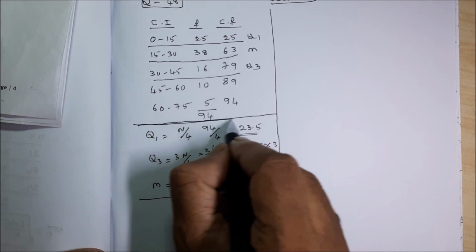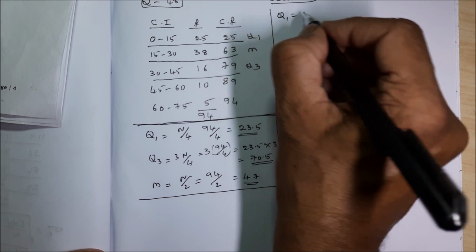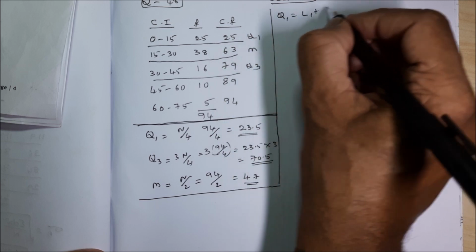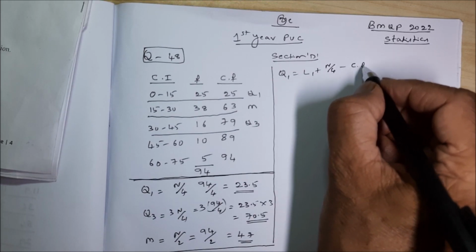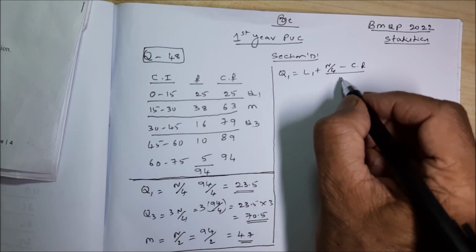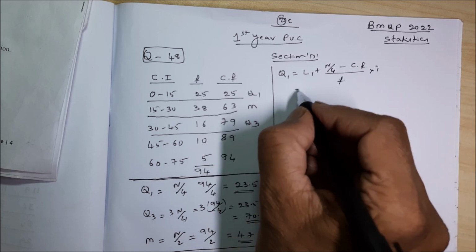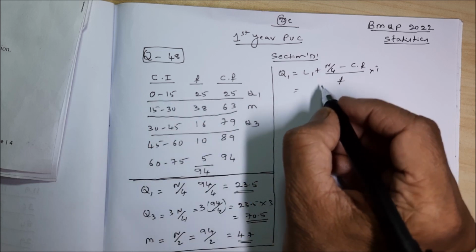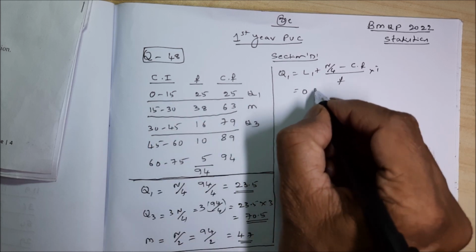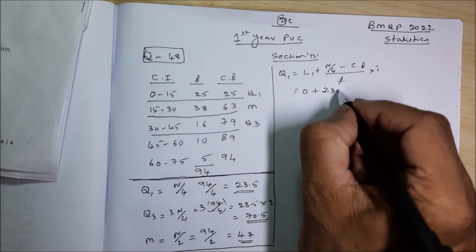First step is over. Now second step, find out Q1. Q1 is equal to L1 plus n by 4 minus CF by F into I. L1, lower limit of the quartile class, is 0, plus n by 4 we have found out, 23.5.